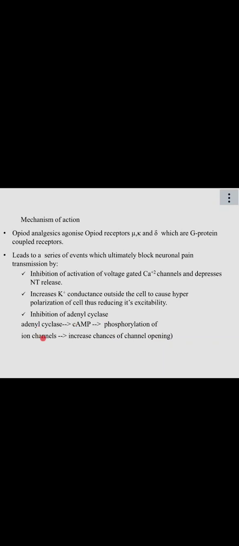So once you inhibit adenyl cyclase, there will be a decrease in channel opening. Once there is a decrease in channel opening, there will be a decrease in conductance. Once there is a decrease in conductance, there will be a decrease in pain transmission. So those are 3 of the ways in which these drugs will act.